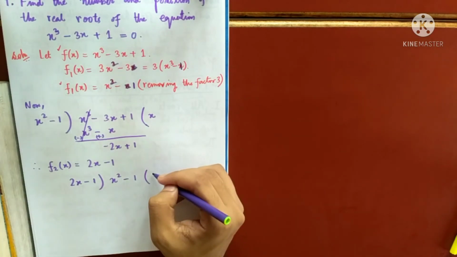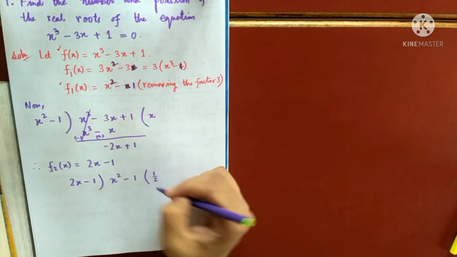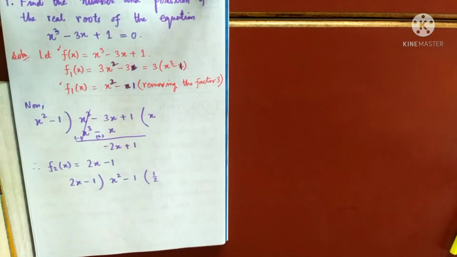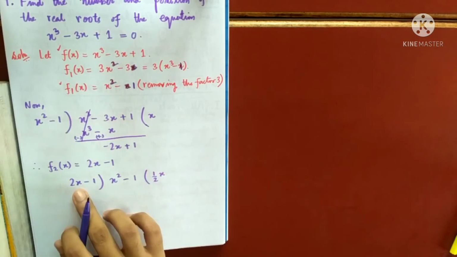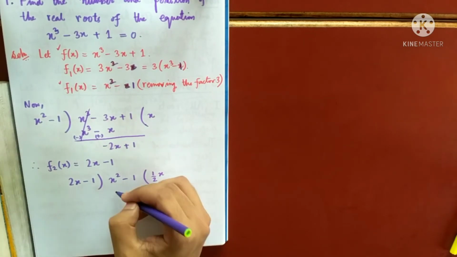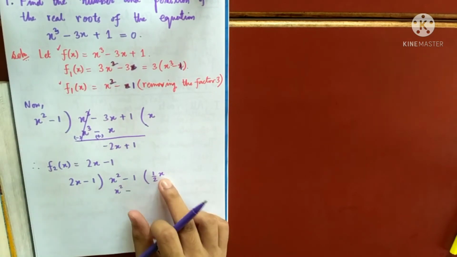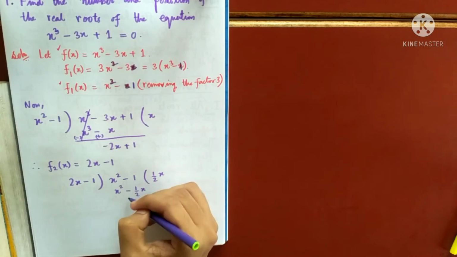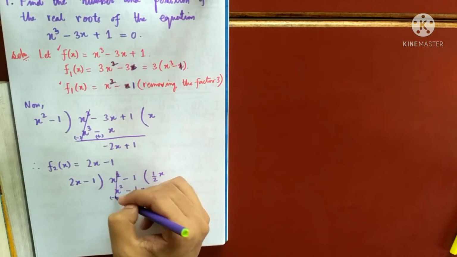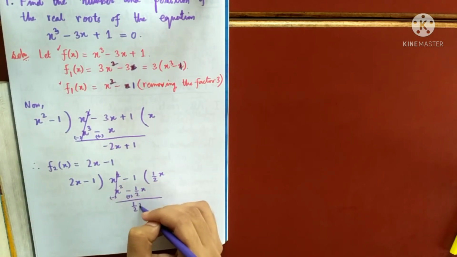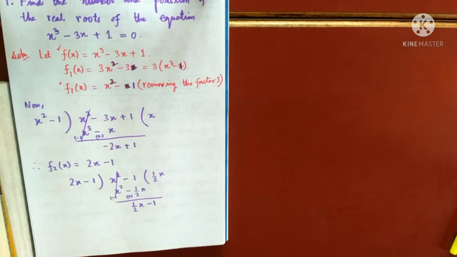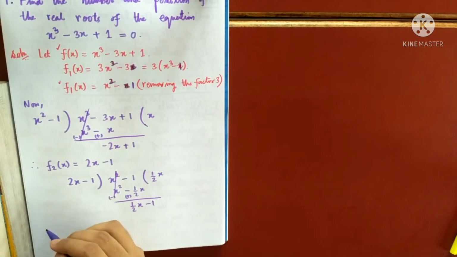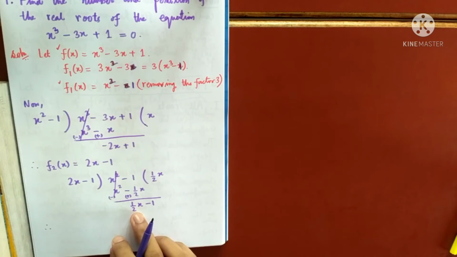Again let's perform. So here it is half into x. So 2 into half is 1, x into x is x square minus half x. So plus minus getting cancelled, half x minus 1. Can you divide further?